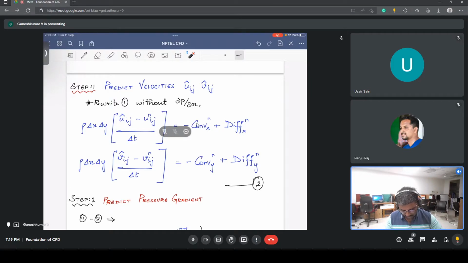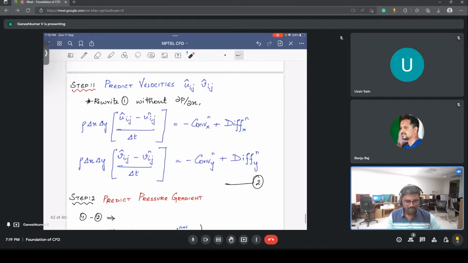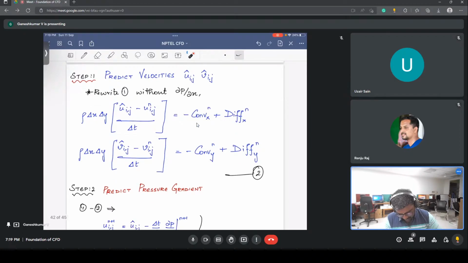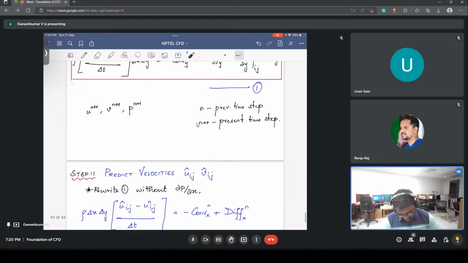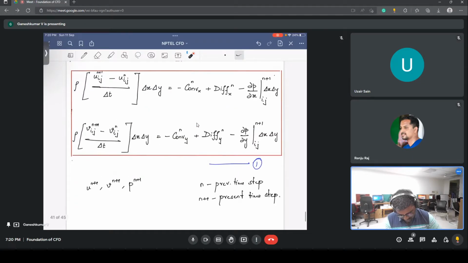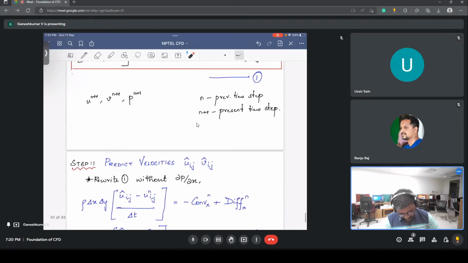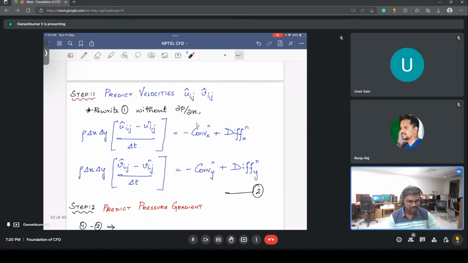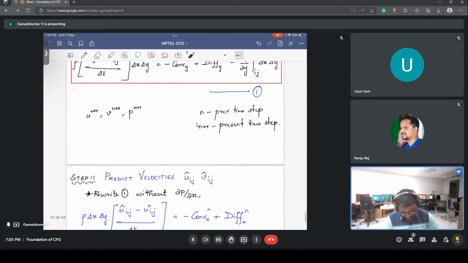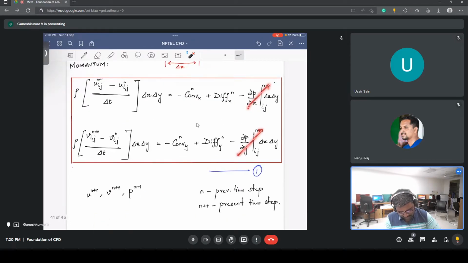In this segregated approach, in the quasi-implicit method, the first step is again to predict the velocity. We will use the same equation to predict it, but we will not consider the pressure gradient term. If you don't consider the pressure gradient term, these are evaluated at the nth time step, we already know these, and this is also evaluated at the n time step.